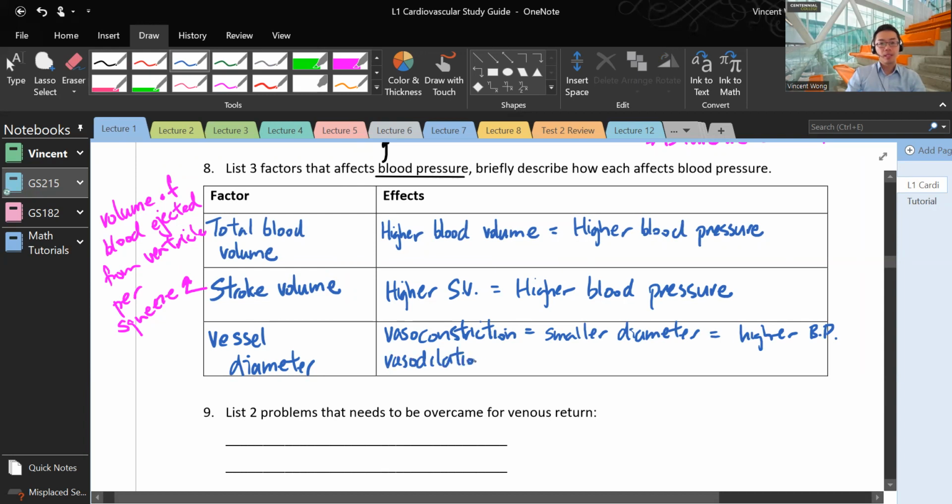Vasodilation is the opposite of vasoconstriction, and that is going to lead to larger diameter and therefore lower BP. Okay.